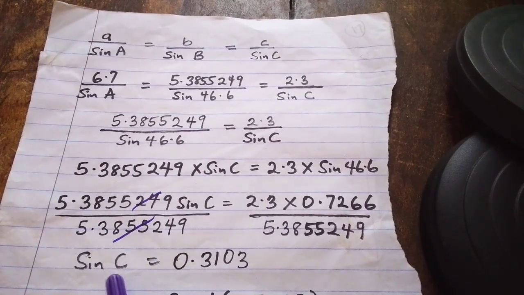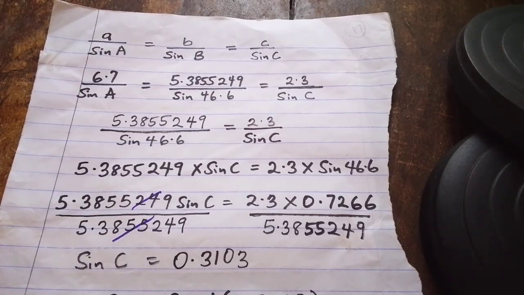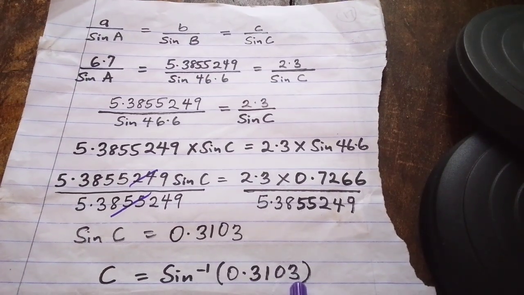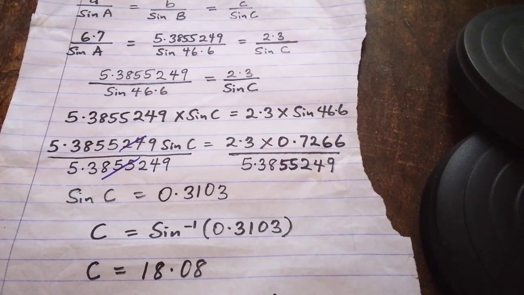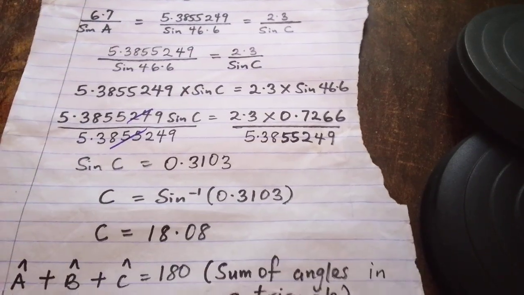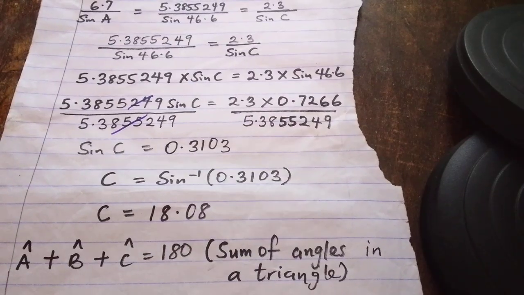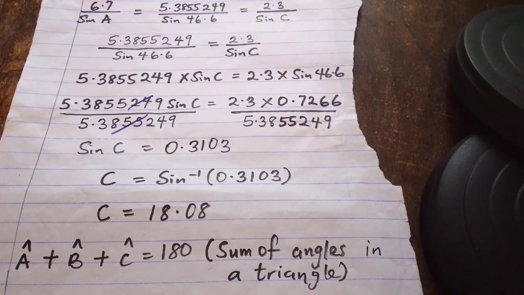0.3103. So to get C, you are going to look for the arc sine of 0.3103. The arc sine of 0.3103 will give us 18.08. Now, since we were given one of the angles and we've been able to calculate the second angle, we can now use the sum of angles in a triangle to get the third angle. Angle A, which we are looking for, plus B, which is 46.6, plus the angle C that we've just found, 18.08, should be equal to 180.